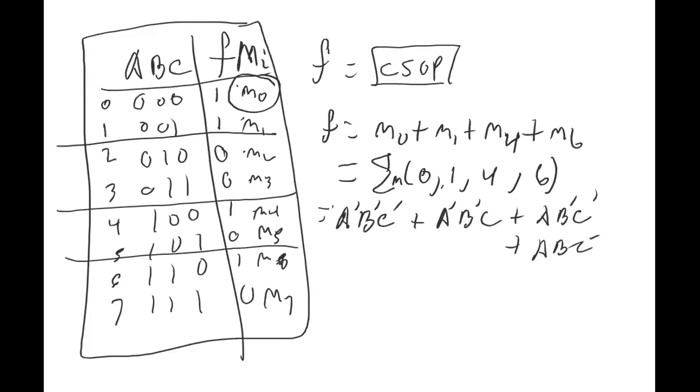This corresponds to 000, 001, 100, and 110. So a little blemish in my presentation there. That should be a 1. And you can see where those rows map directly into these numbers.